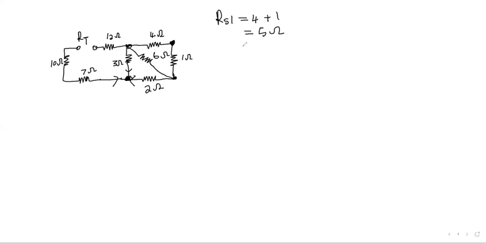So now I have 5 ohm. Let's redraw and apply the circuit reduction law. You redraw the side where you didn't touch as it is. The side that you're not working on, just redraw the way it is.